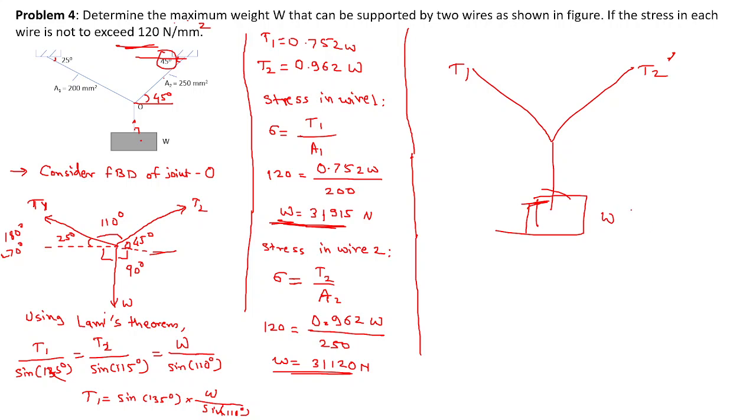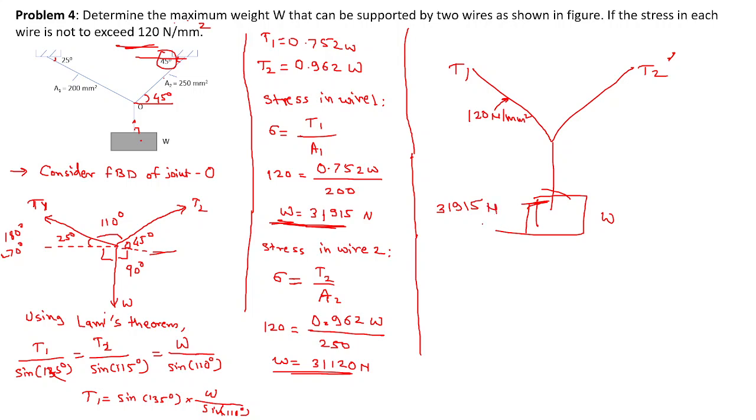So first, W will be 31915. It produces stress on wire T1. W will be 31915, and it produces stress on wire T1 of 120 Newton per mm square.